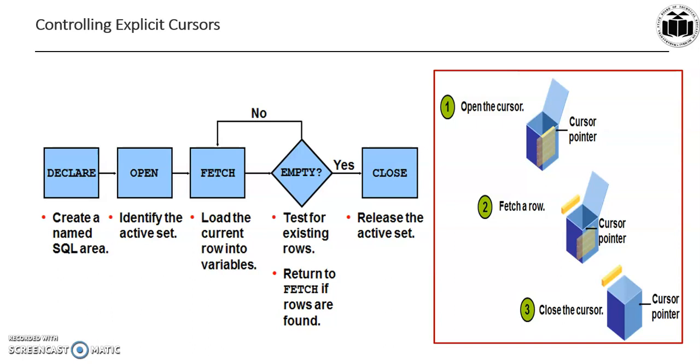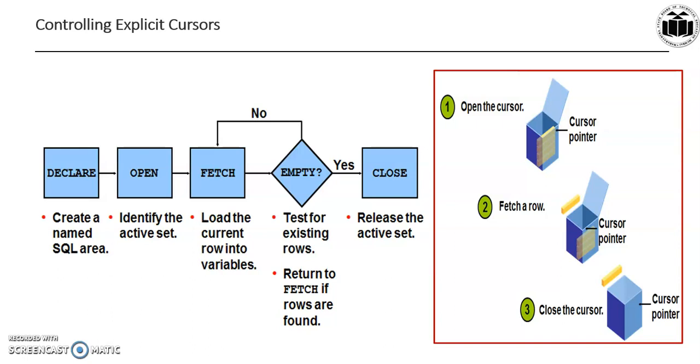Now the next step is fetching the information from that active set. The operation is fetch: load the current row into variables. Why is a cursor required?